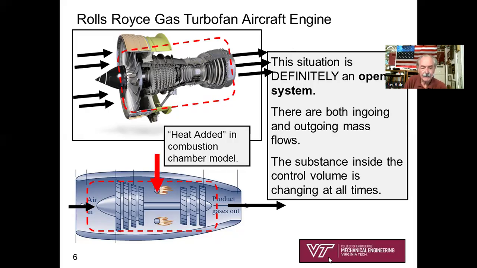And do you see clearly, if I were to draw my control surface around this engine, that there's mass flowing in, it's air going in and exhaust gas coming out. So this is clearly defined as an open system. Seems really easy, doesn't it? But you got it. This is step 0. You see both ingoing and outgoing mass flows.